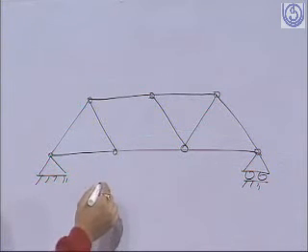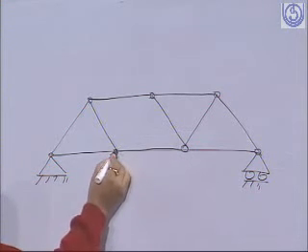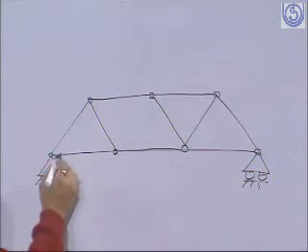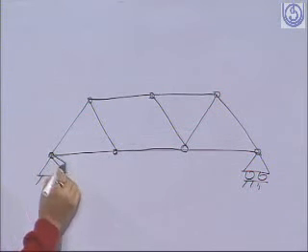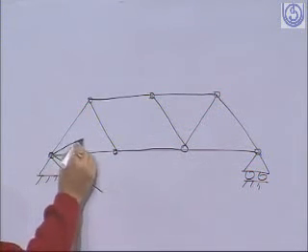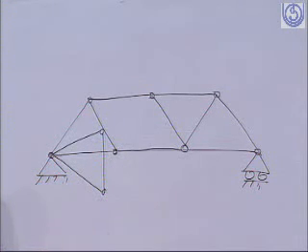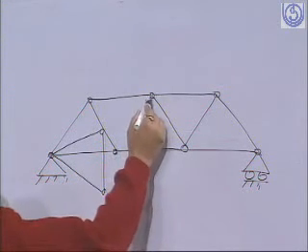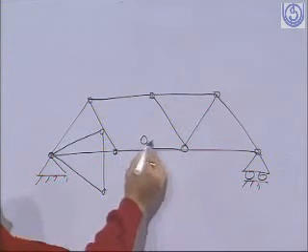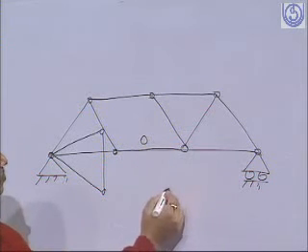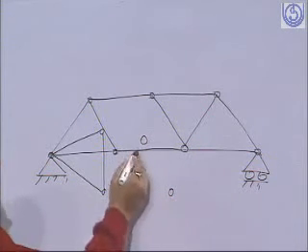Now, since this is a link and this is a pin joint, and here also there is a pin joint, it can go in this direction. And again this point can come here, and this point can come here.